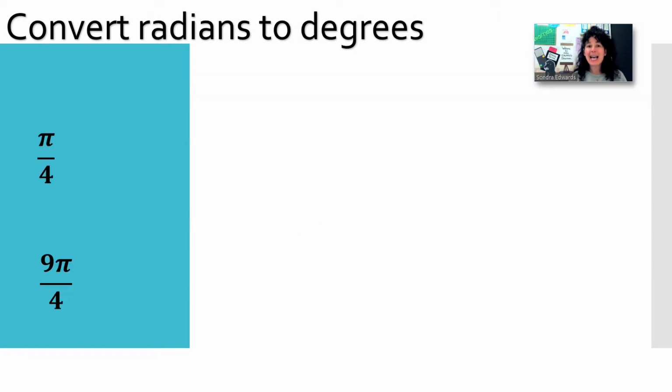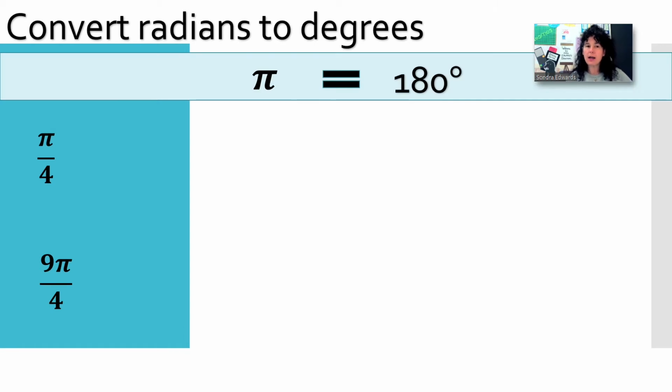We can do the exact same thing, just in the reverse order. I'm starting off with an angle measure in radians. To convert to degrees, we would like to get rid of radians and we would like degrees. So we want to multiply by 180 degrees over pi, because the degree label will still be in the numerator when we multiply across, and our radians will cancel.